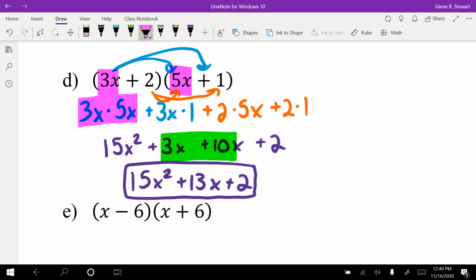And then the outside would have been the 3x and the 1. And then the inside, 2 and the 5x. And then the 2 and the 1 for the outside. Are you okay? You seeing it now? Is that too much highlighter? Okay. Sorry. Sometimes I get carried away with the highlighting.